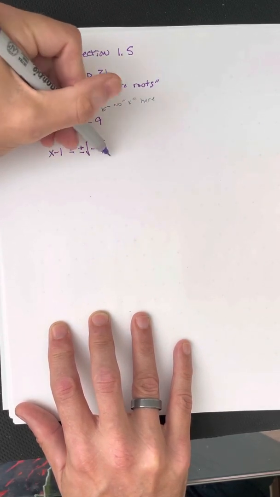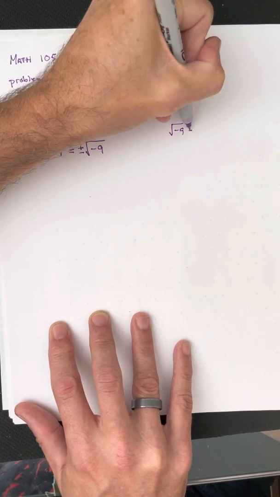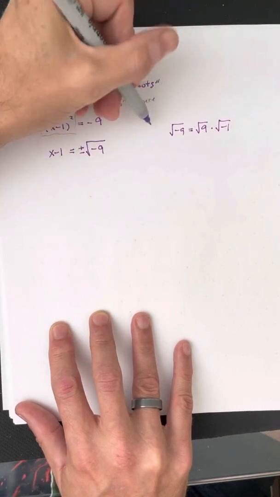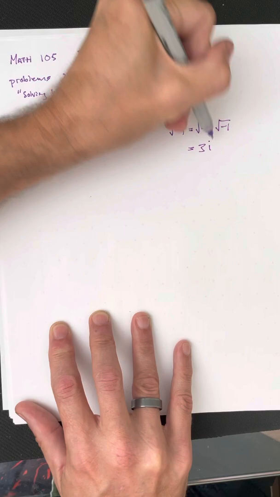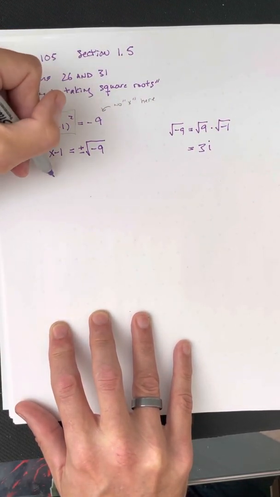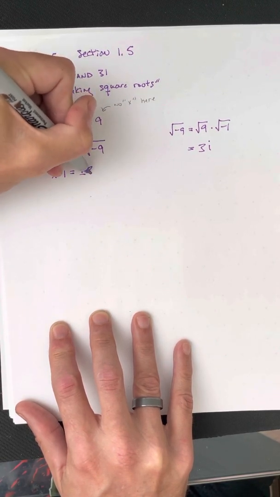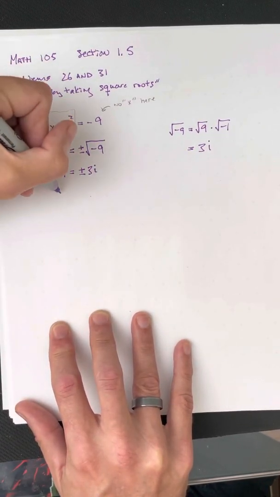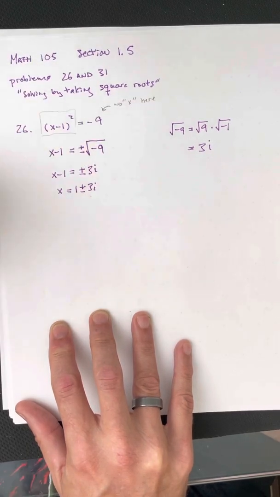Okay, and now you just have to finish the work here. Square root of -9. Think of the square root of -9 as equal to the square root of 9 times the square root of -1. The square root of 9 is 3, and the square root of -1 is i. So that's 3i. So we've got x minus 1 equals plus or minus 3i. And now you just add the 1 to both sides, and x is 1 plus or minus 3i.